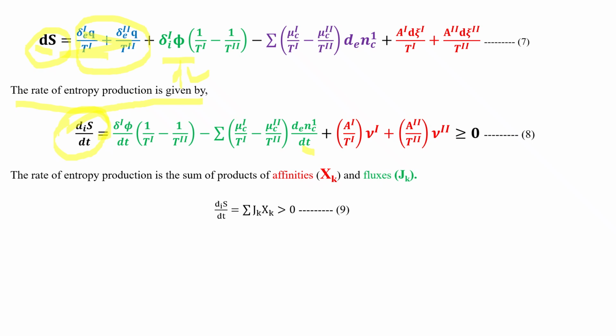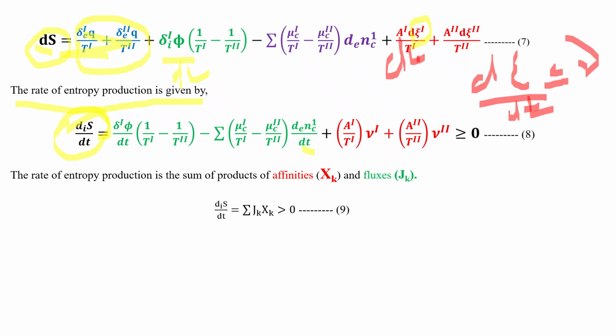So here, with d epsilon by dt, this is equal to nu. Then d epsilon by dt can be replaced with nu. When you divide by dt, the d epsilon 1 by dt will be equal to nu.